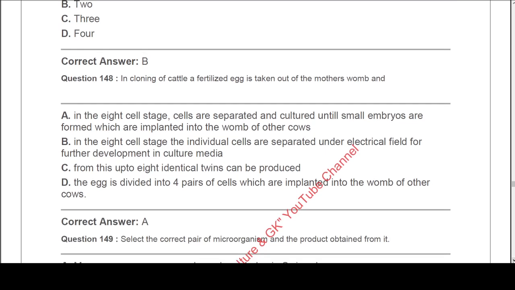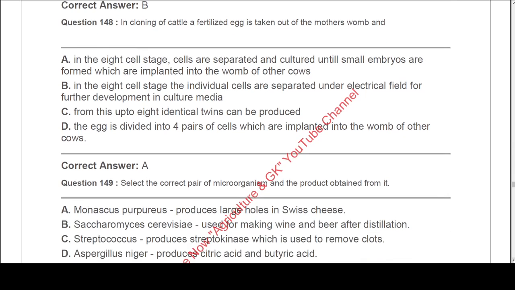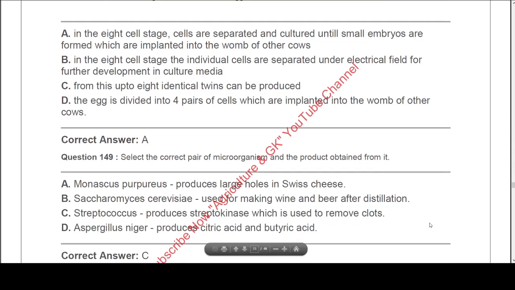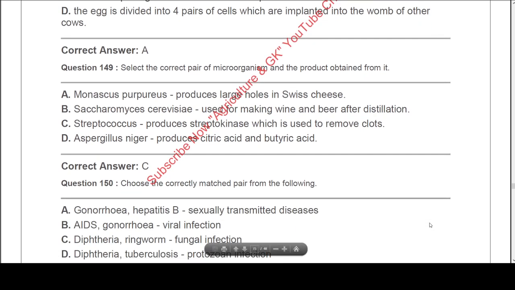In cloning of cattle, a fertilized egg is taken out of the mother's womb and in the 8th cell stage, the cells are separated and cultured until small embryos are formed, which are implanted into the womb of other cows. Option A. Select the correct pair of microorganism and the product obtained from it.